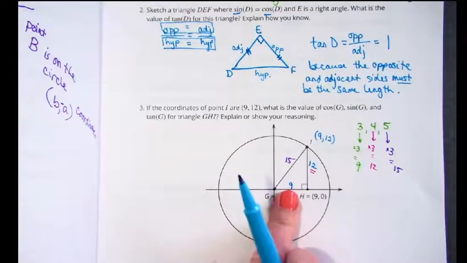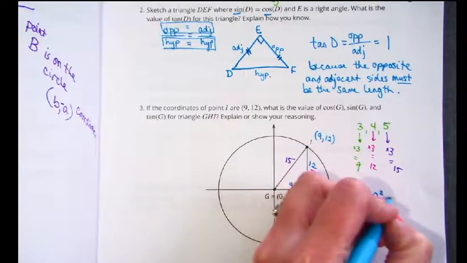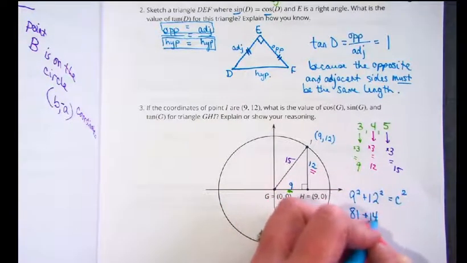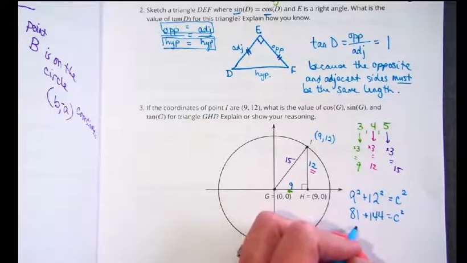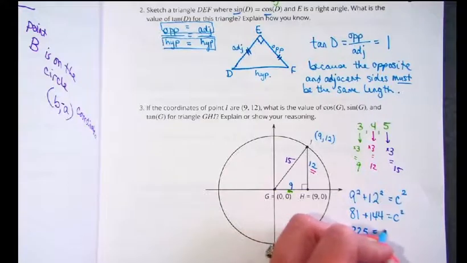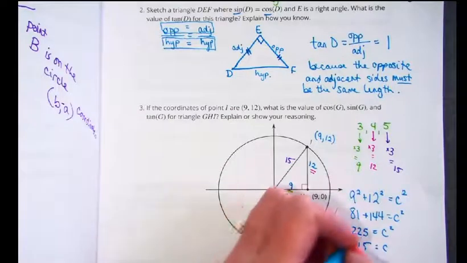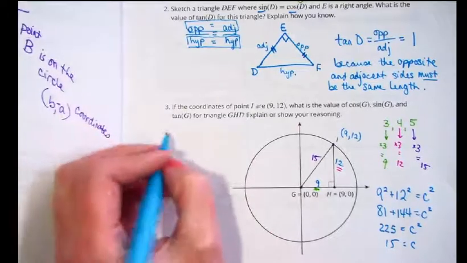So again, I could do 9 squared plus 12 squared, and it would be our c squared. But I already figured that out, so I figured it twice.